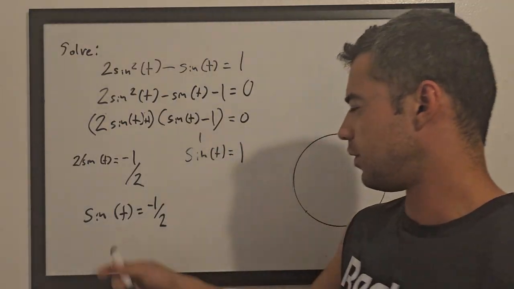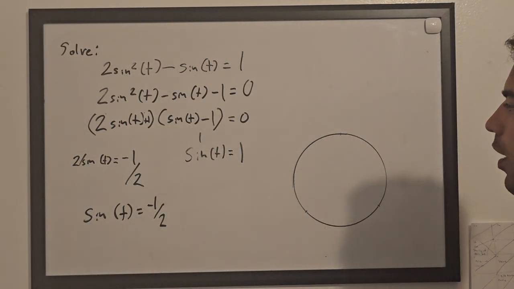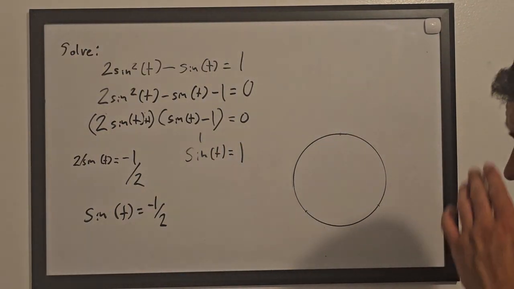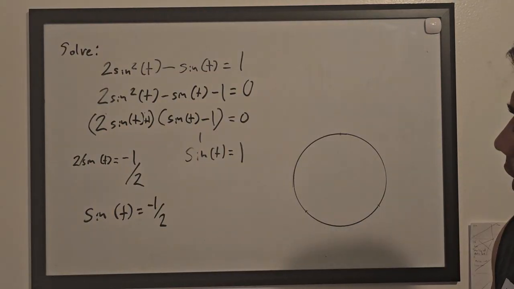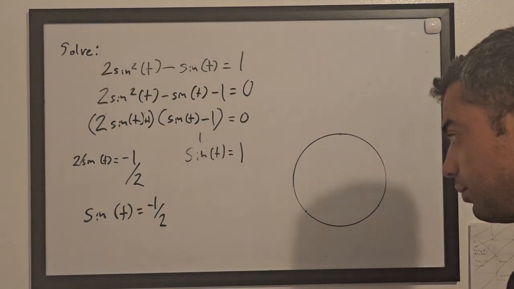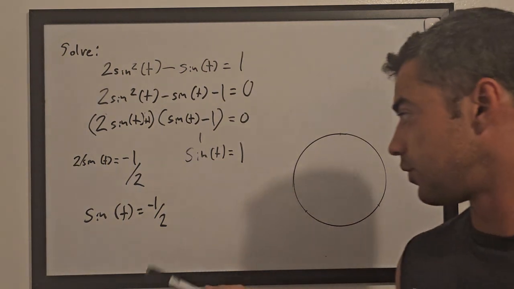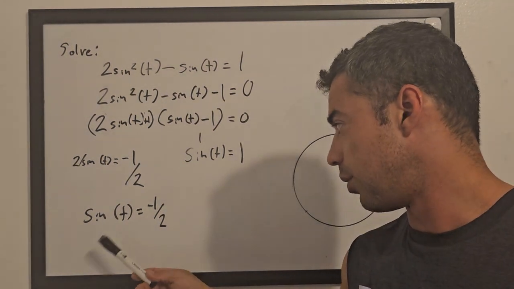So that sin is not sin, it's actually sine, as in sine and cosine. And for that, because we're being asked to solve for it, we don't stop there.